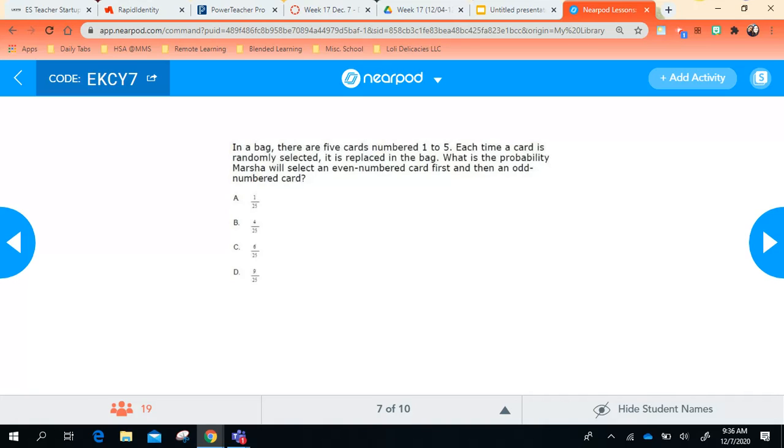Okay, I'm going to read it the second time, and I'm going to underline my important information. It says, in a bag, there are 5 cards numbered 1 to 5. So this part is important because it's telling us what we're working with.